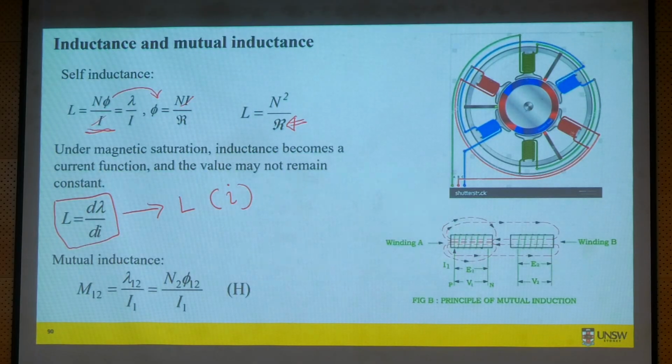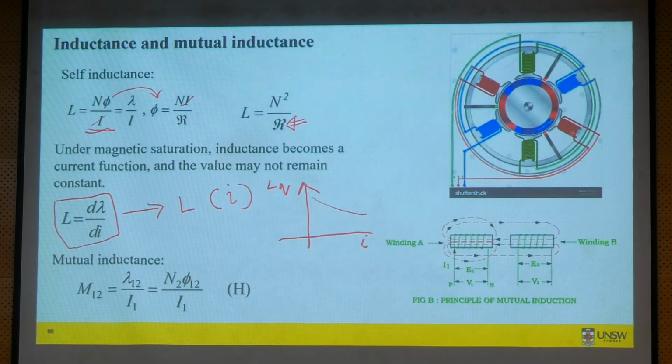And this often happens in IPMSM. If we plot the Q-axis inductance, Lq, versus current, you may see that it is sometimes like this. As the current increases, Lq reduces. Why does Lq reduce? Because of this saturation.